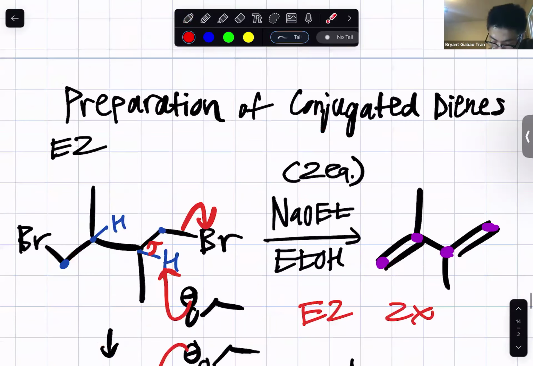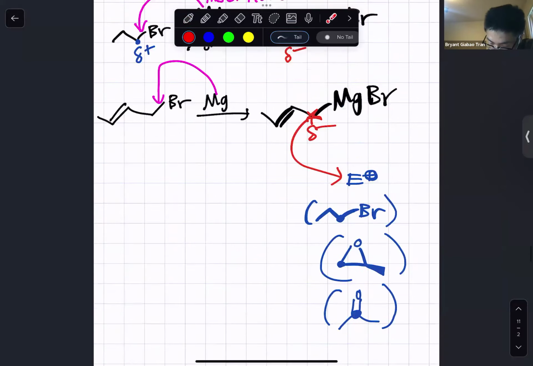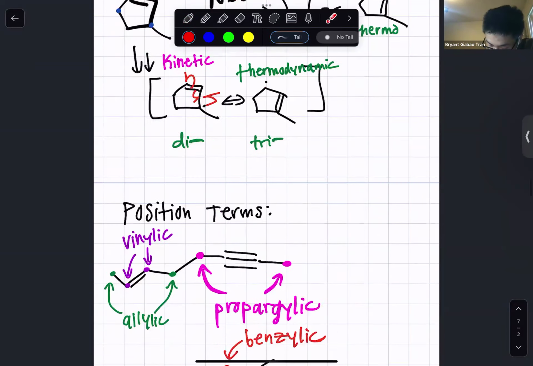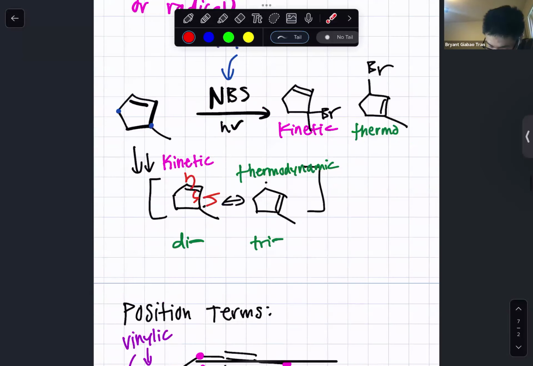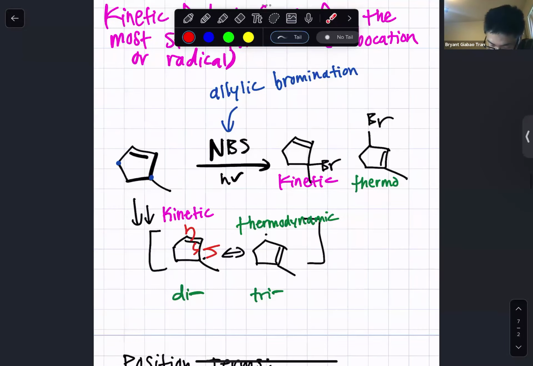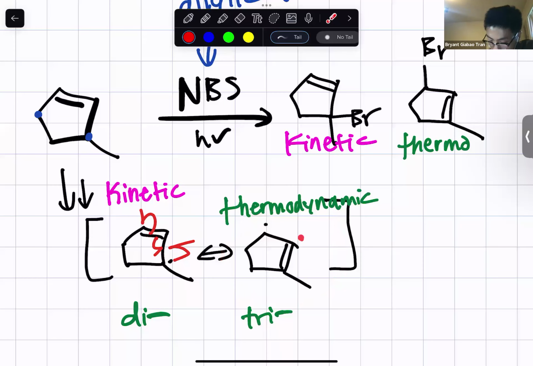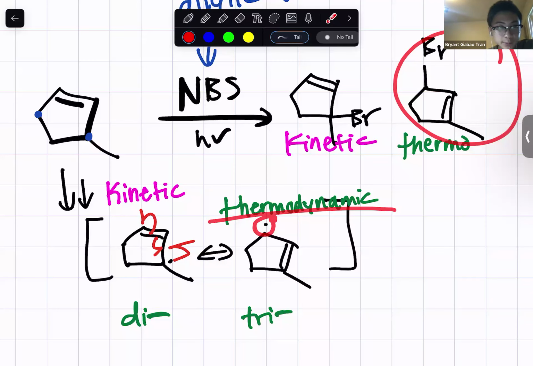Because if we look at an example, let's say we did one here, like this one right here. We said this was a thermodynamic product because it gave us the more stable double bond here, the tri-substituted double bond there. It requires more energy and time to get to this thermodynamic product because it has to go through this less stable intermediate, where the intermediate is the first thing that gets formed.